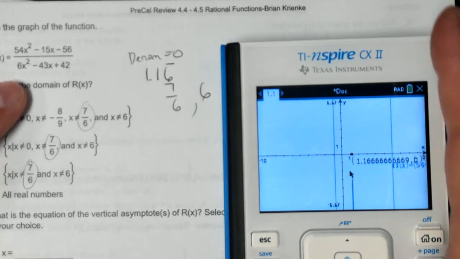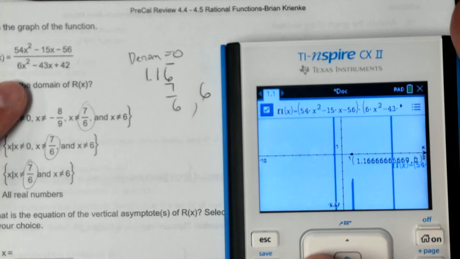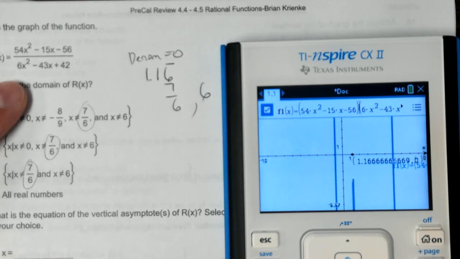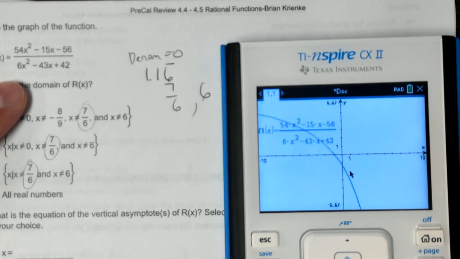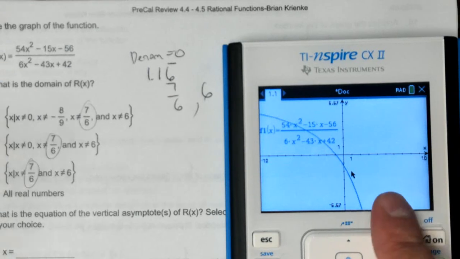Oh, I meant to put a divide by sign right there. Divide by there. Okay, so that's our overall function.